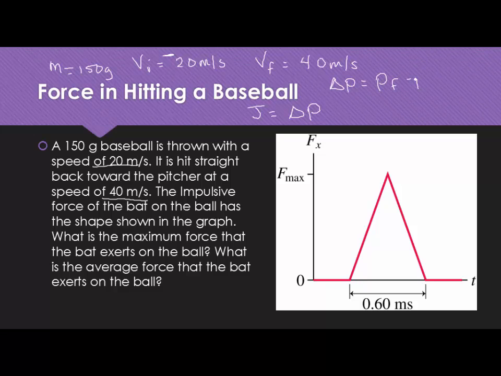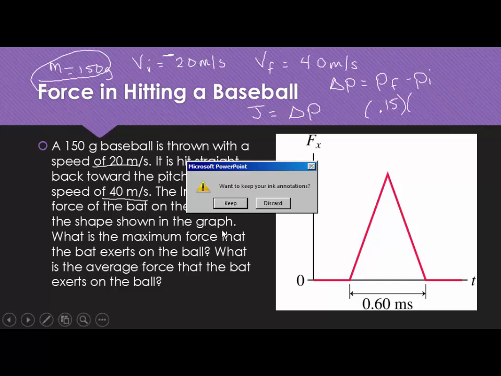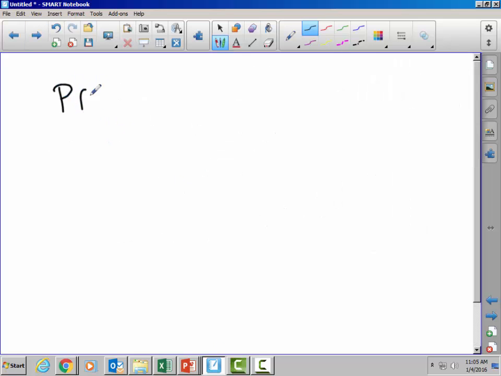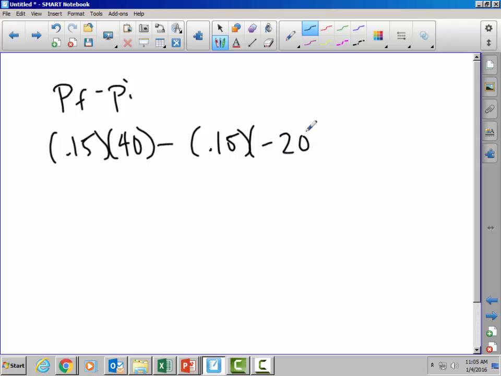Final momentum minus initial. I'm going to convert the mass to kilograms, 0.15. So PF minus PI: 0.15 times our final velocity, which we said was 40, and then our initial momentum is 0.15 times the initial velocity, which I chose to make the negative number.